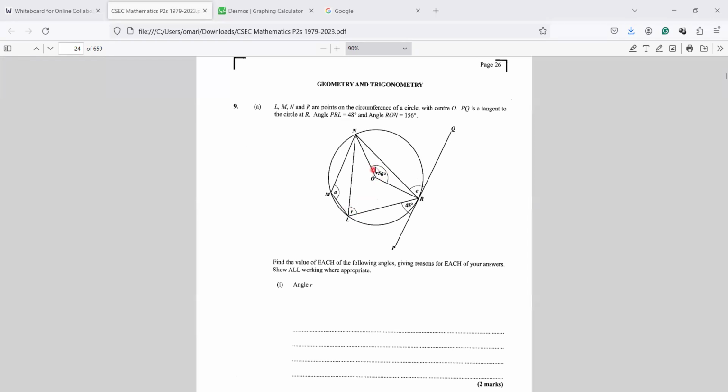So this angle right here at the center, NOR, is going to be 2 times the size of this angle, and they have to be on the same chord. That chord right there is RN, right? And so it's just simple division by 2. So if we divide 156 by 2, we're going to get 78 degrees. So I'll just write that right here for us to remember it, right? 78 degrees.